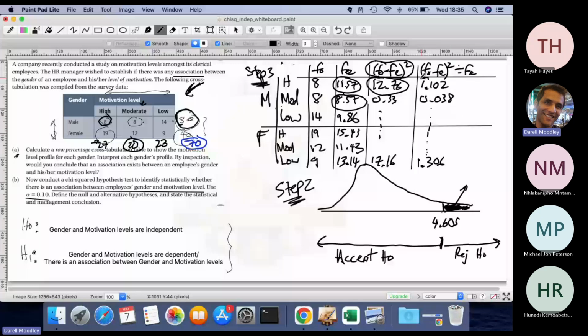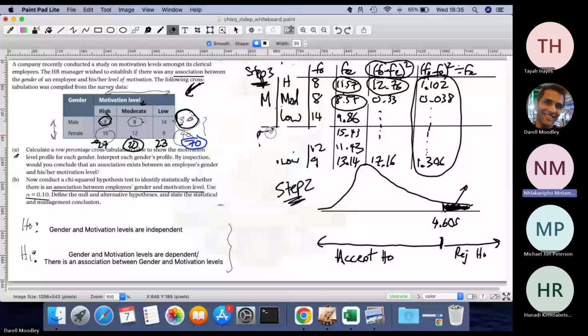Okay, so what I'm going to do is take away my ugly table here, and put a nice neat one for you so you can see it better. I had to write it so you could see the workings. All right, so give me a second.